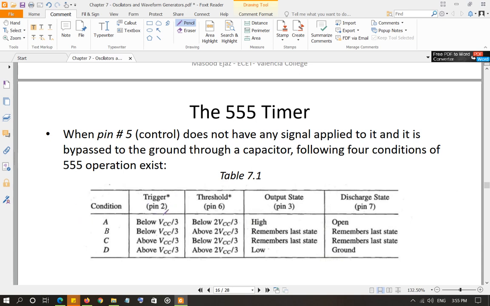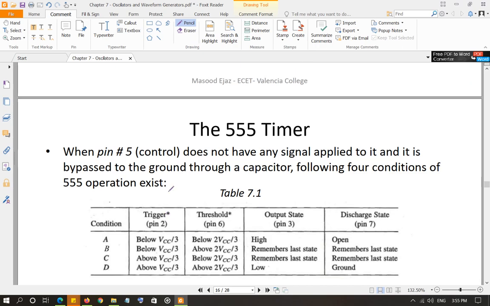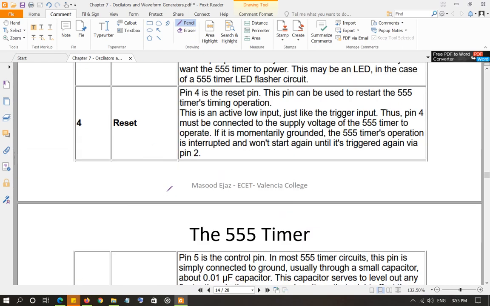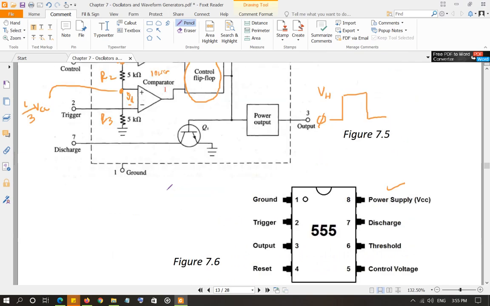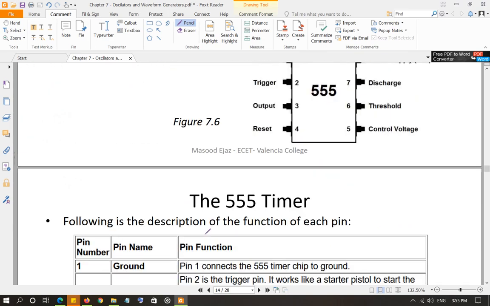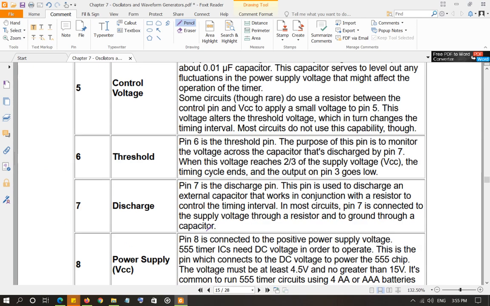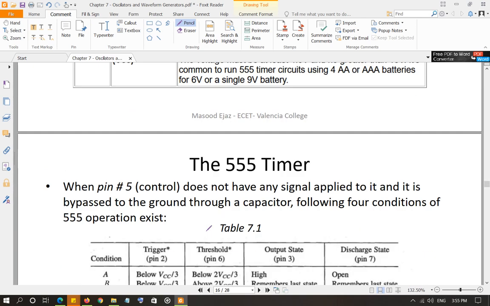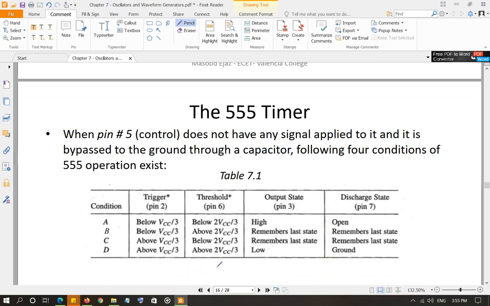If trigger, that is pin number 2, well, remember what is pin number 2? Pin number 2 is your lower comparator inverting input. And as we discussed, if it is below 1/3 of VCC, then the output of the lower comparator will be high, VSAT, otherwise the output will be negative VSAT or 0, whatever.